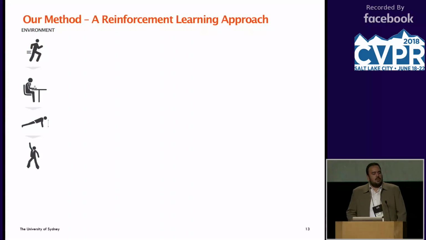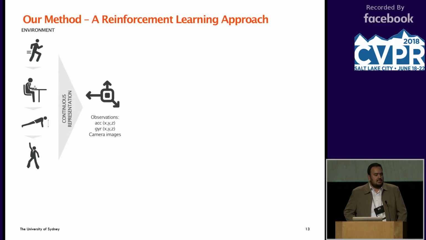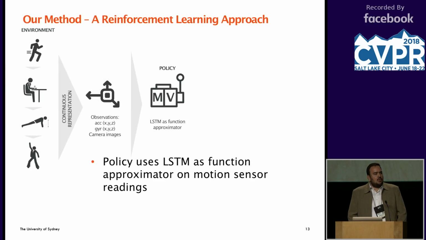Our solution is a reinforcement learning approach where we have an environment that in our case is made of activities. These activities have some sort of continuous representation. We can gather data from accelerometers, gyroscopes, cameras, and we need to decide how we are going to represent our state. In our case, we represent our state through the sensor readings. And why is that?